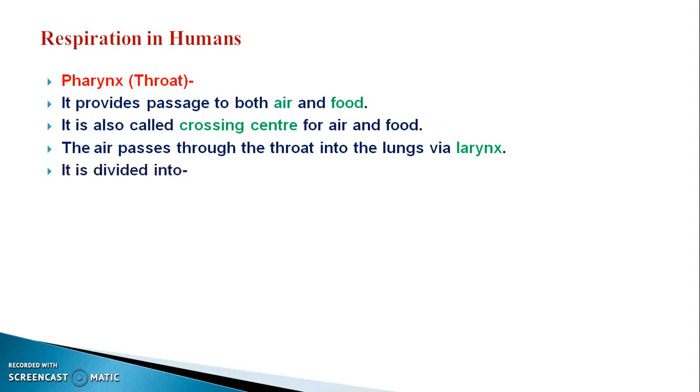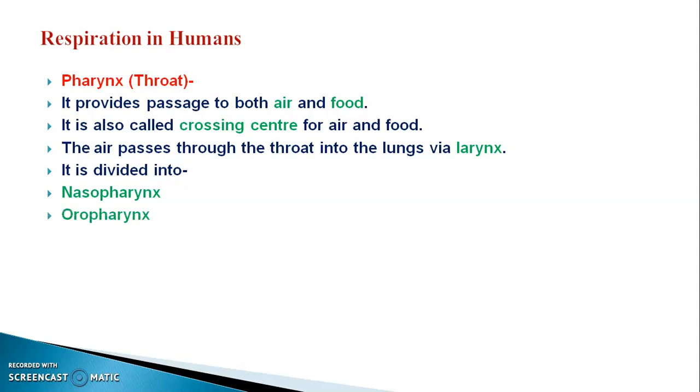Now this pharynx is divided into the nasopharynx. This nasopharynx is the first portion, the upper portion of the pharynx, and it is connected with the soft palate present in our mouth, right? The second part of the pharynx is the oropharynx.